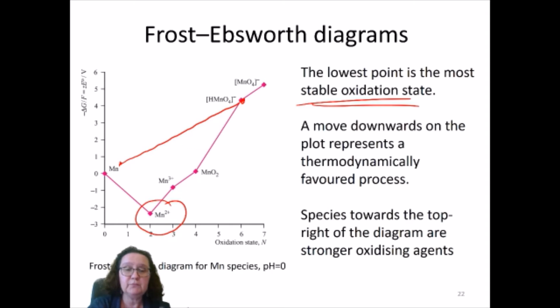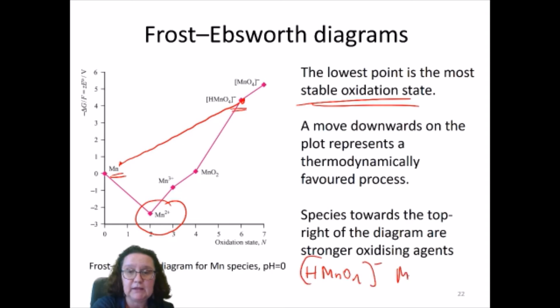What this means is that manganese is lower than the ion hydrogen manganate in the diagram. That means the process of going from hydrogen manganate to the ion manganese, to the metal manganese, will be favorable.